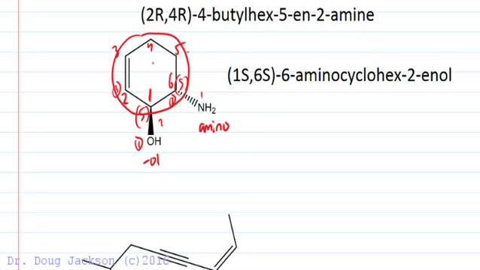It doesn't matter where that priority group is on the ring, it automatically gets the 1 position. It's just (1S,6S)-6-amino-cyclohex-2-enol.